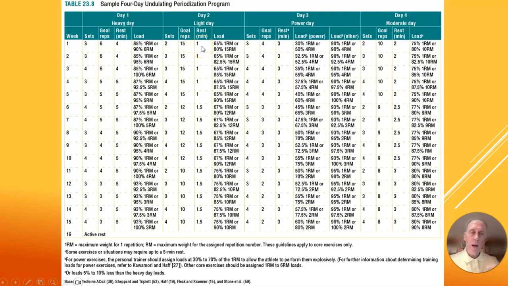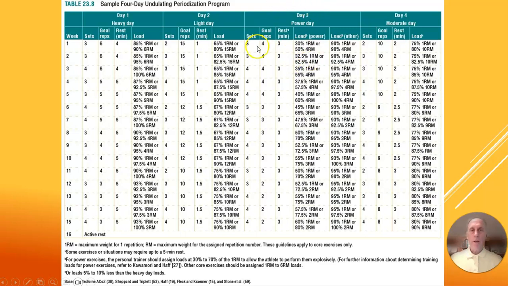But what I want to point out, which is a little bit wonky, is if you go 3 sets of 6, 6 times 3 is 18. If you go 2 sets of 15, it's 30 reps. But what makes it a light day is the percent of 1 RM that you're using in these workouts. That's where it becomes a light versus heavy day. 85 versus 65, 90 versus 80.